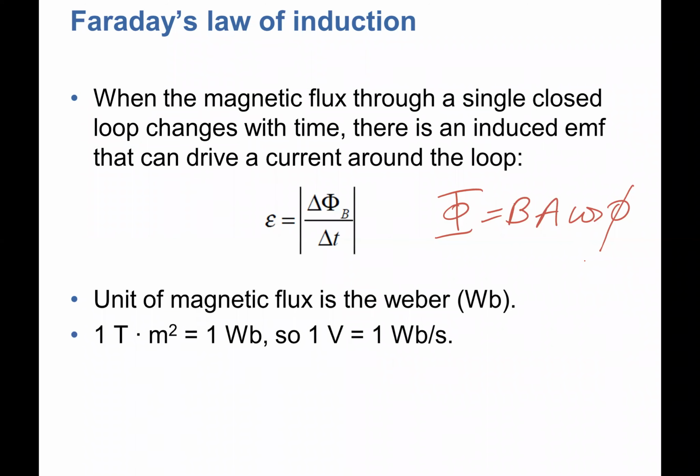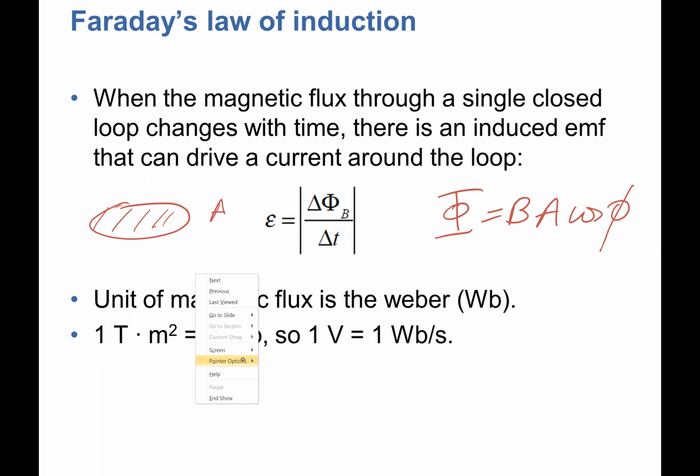And remember, if we go back and look at the induced current, we had, let's say, a coil of interest that had area A, and there was a magnetic field through that area A of interest, or through the coil. So let's say there was a magnetic field like this.